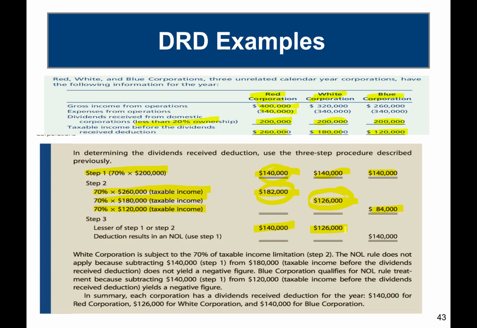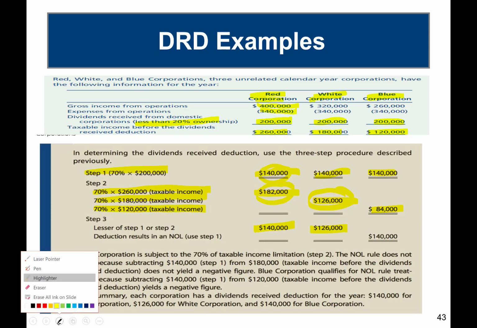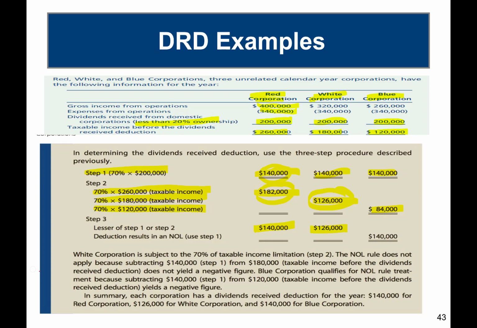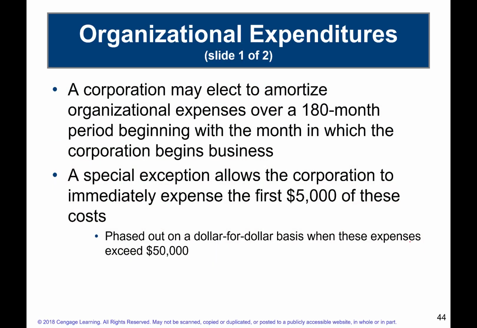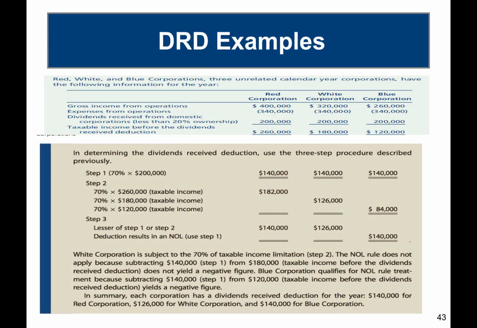Well, if you allow them to take the dividends received deduction of 140, then they have a net operating loss of 20,000. For that reason, they let him take the deduction of 140, because it would have created a net operating loss.